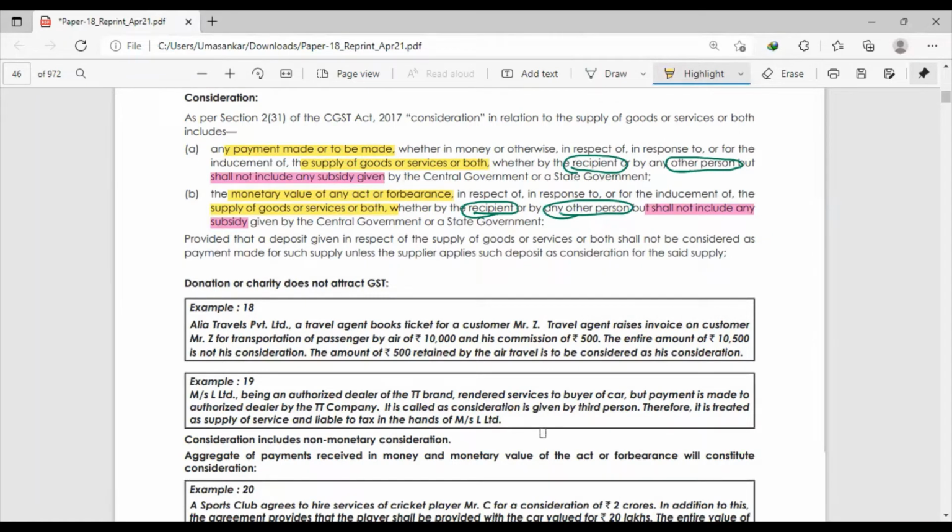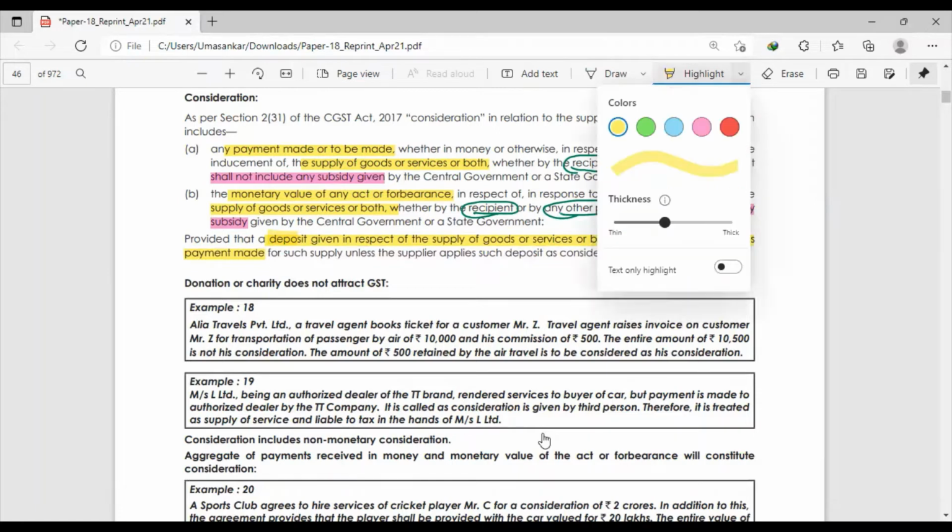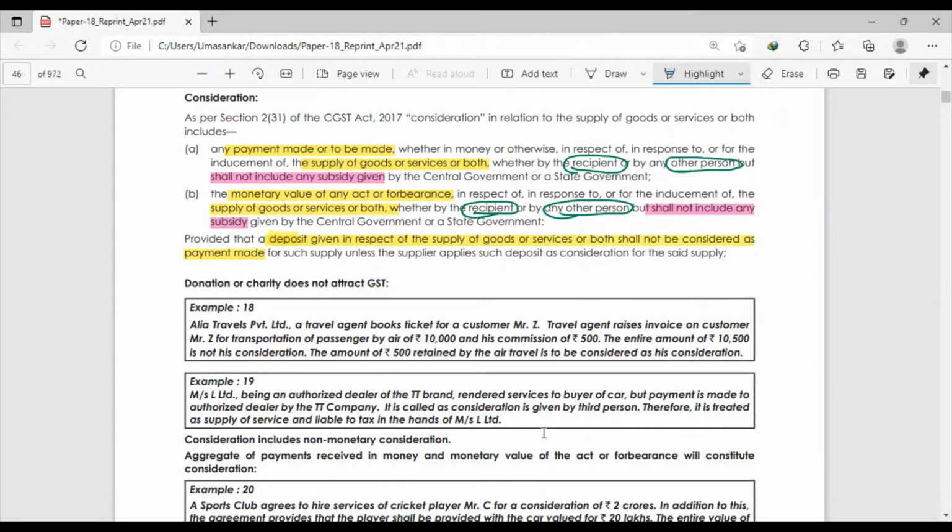A deposit given in respect of the supply of goods and services or both shall not be considered as a payment made for supply unless the supplier applies it as consideration. What it means is, when the supplier receives any deposit, that deposit amount will not be considered as consideration unless the supplier itself applies the deposit as the consideration.